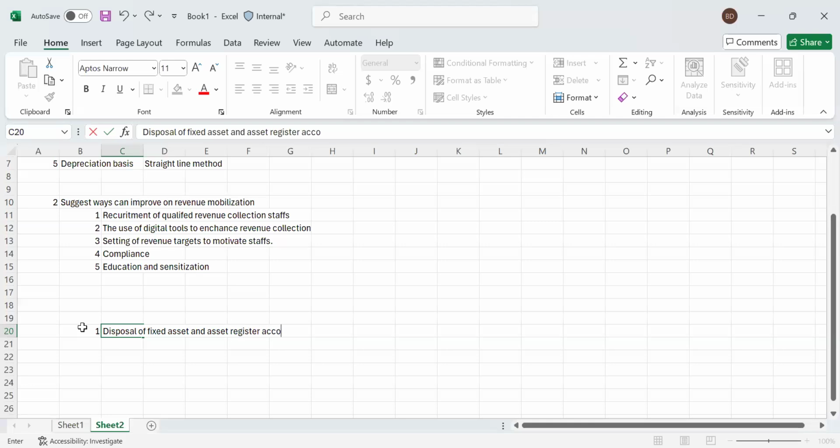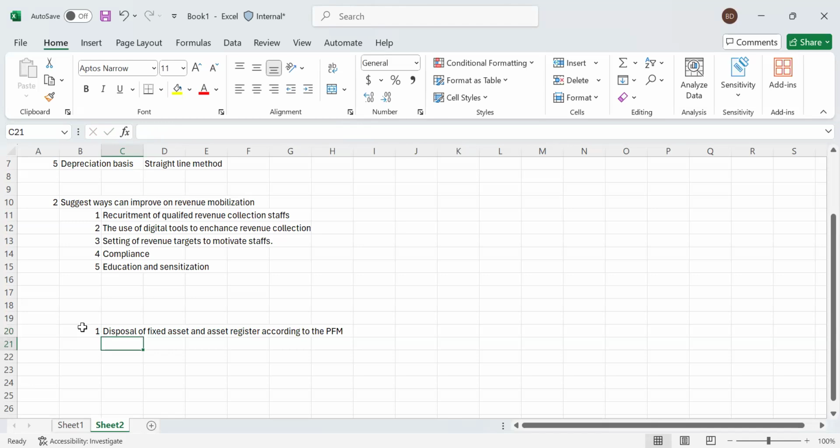According to the PFM Act. So this is what happened. We're given a short storyline that Felix is a chartered accountant. No, he's a certified accountant. He has a master's degree in accounting and he has an ACCA. He has worked for the past 20 years in the private sector.